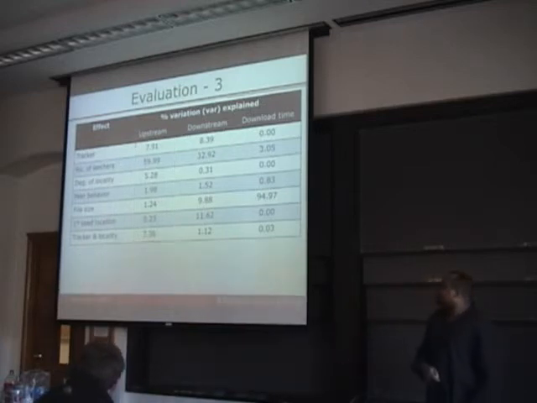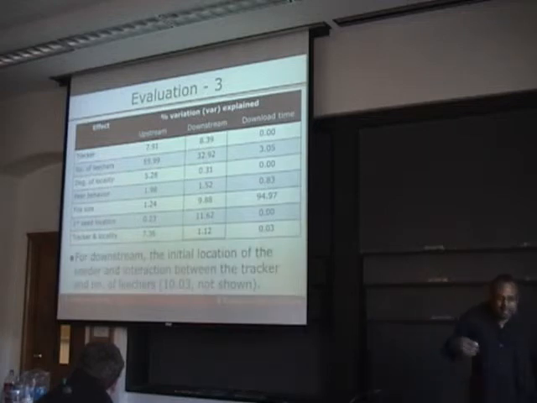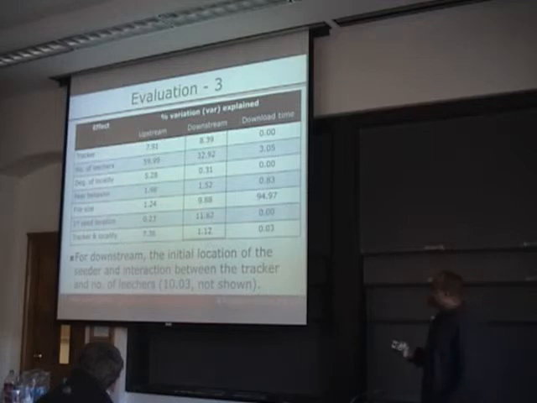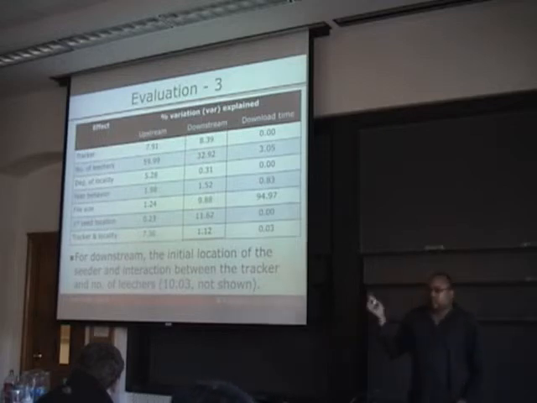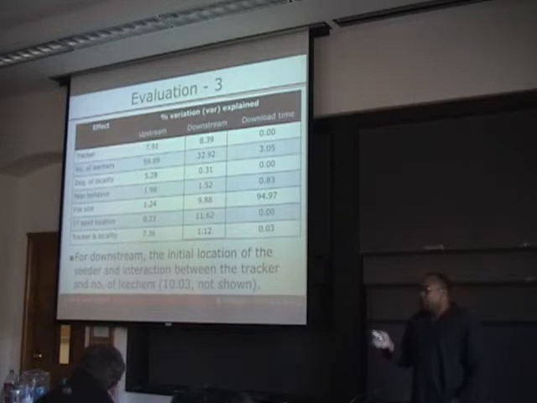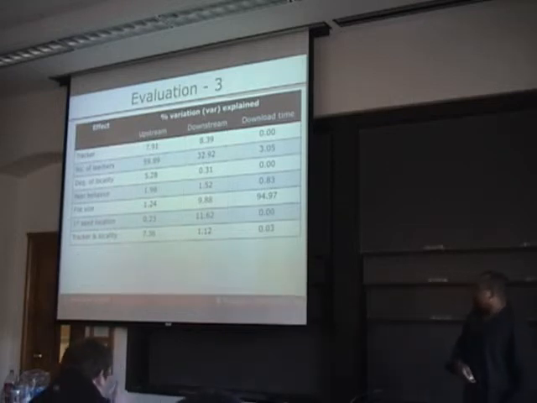For downstream utilization, the factors are different. It's the initial location of the seeder that is important in this case, and again the number of leechers, as we said. So now that we know what factors account for most of the variability in our metrics, we proceed a little further and do some experiments based on those factors.